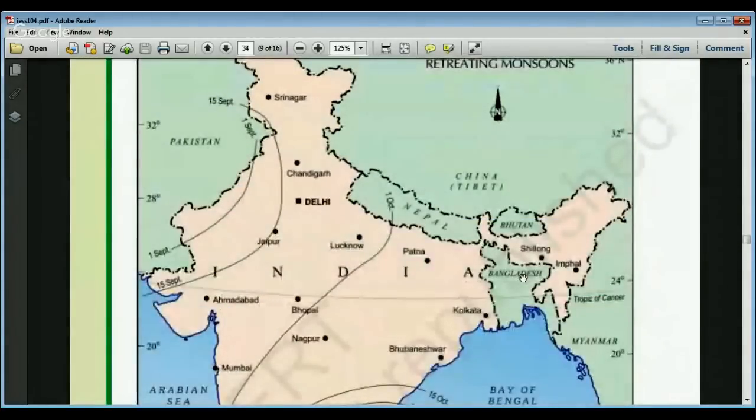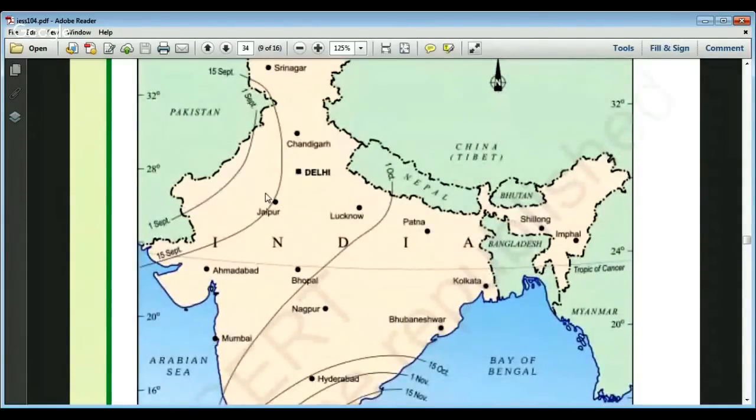That is, the monsoon is getting back, and it actually starts from the northwest part of India, that is from the regions of Rajasthan. We can see this on the first of September. From the starting of September, this monsoon retreats. Then on the 15th September, the rainfall withdraws from the regions of Punjab, Jaipur and Gujarat.